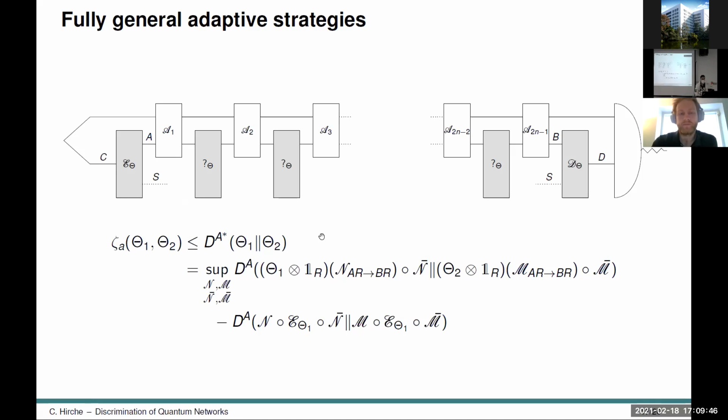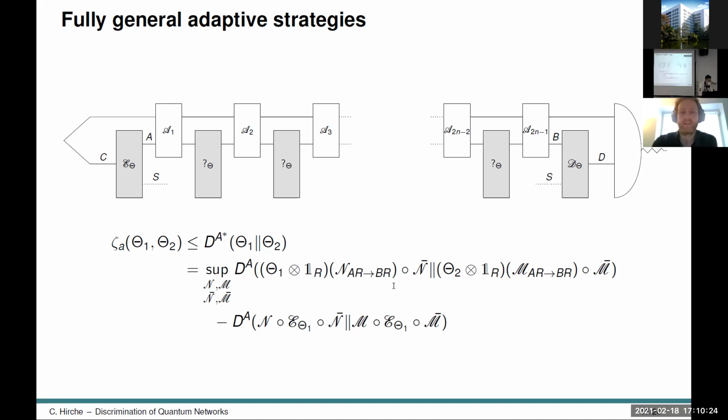And for this most general case, we are also given a converse bound, which is a star amortized superchannel relative entropy, essentially defined as the amortized superchannel relative entropy on the last slide, just that we have these additional channels N bar and M bar that act already before the superchannel does anything.